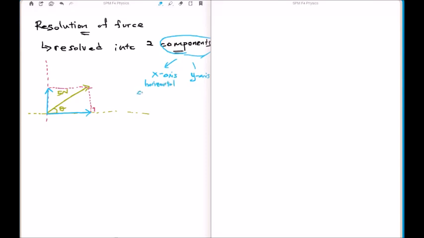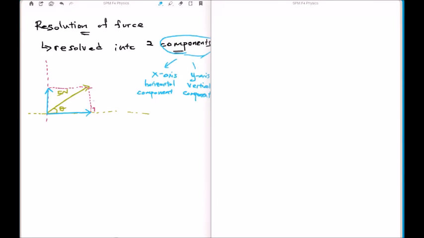You need to learn this word if you don't know what it means. Horizontal component, whereas the y is the vertical component. I think it's easier to put it this way. Vertical component. This could be a new word for you, but horizontal is the one that's in the x-axis. Vertical is the y-axis. So how do you get it?